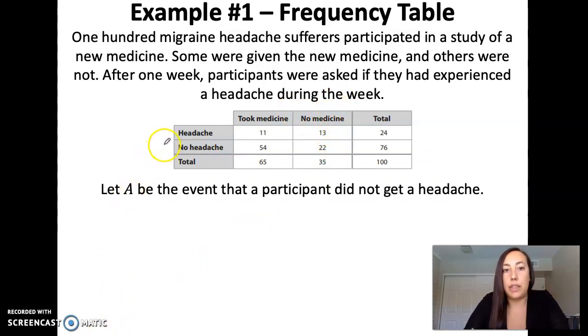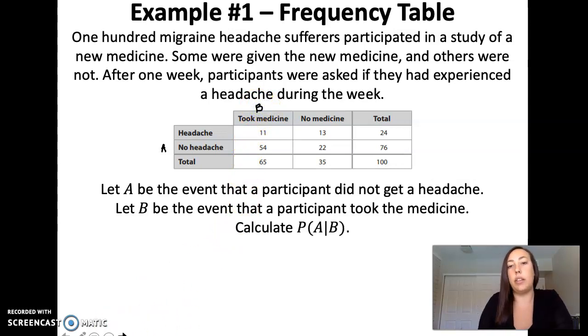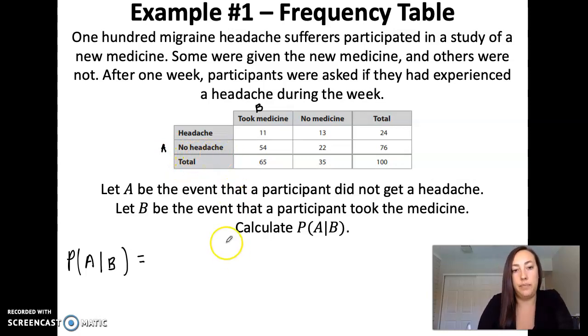Event A is that they did not get a headache, and B is that they took medicine. We're going to calculate the probability of A given B, which in context is the probability that they did not get a headache given they took medicine.